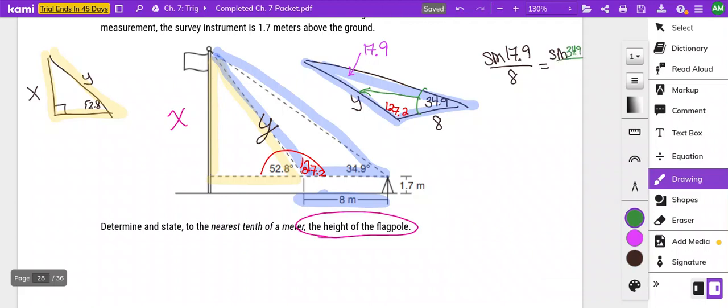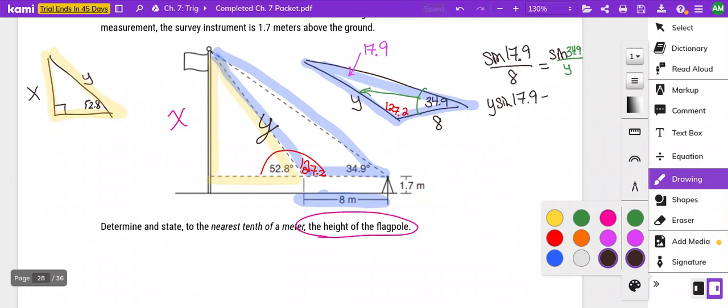And then we're going to put that over y. Now we're going to cross multiply. So y times the sine of 17.9 is equal to 8 times the sine of 34.9. I didn't give myself a lot of room. Oh my goodness, really should move this.